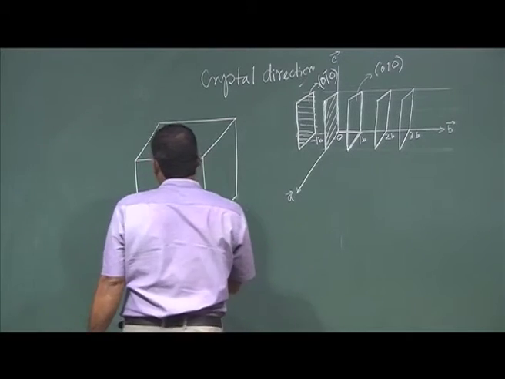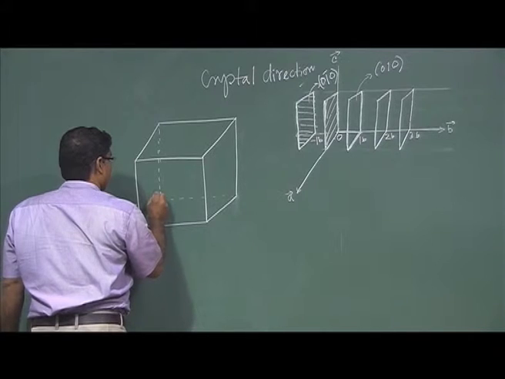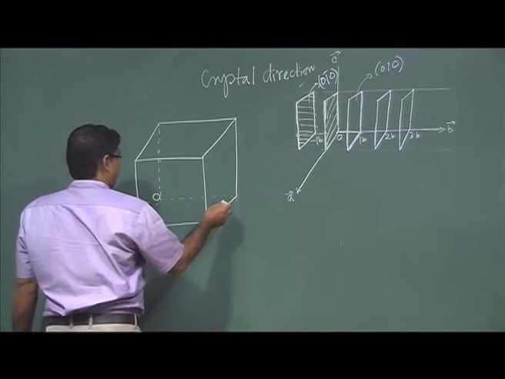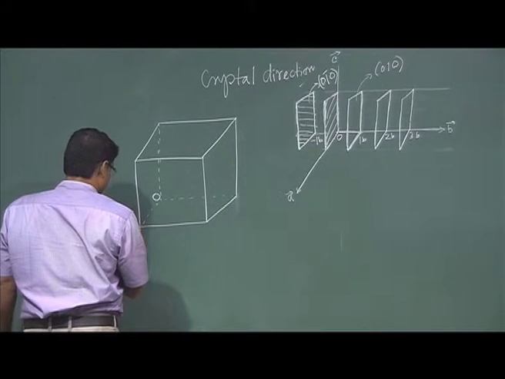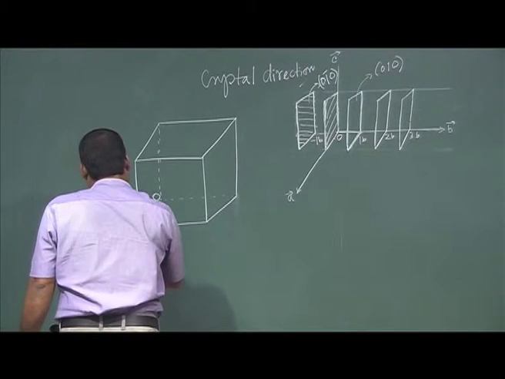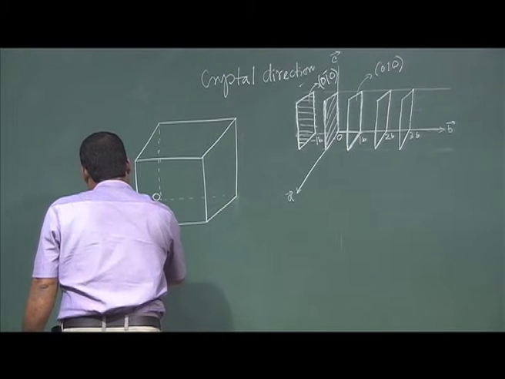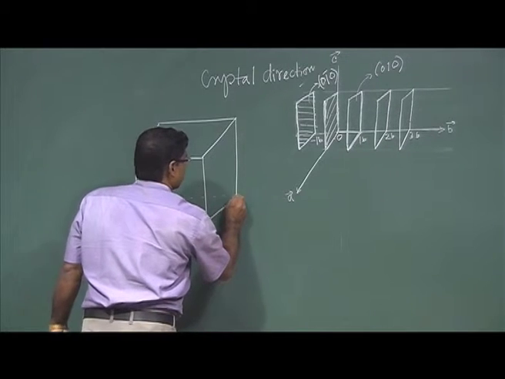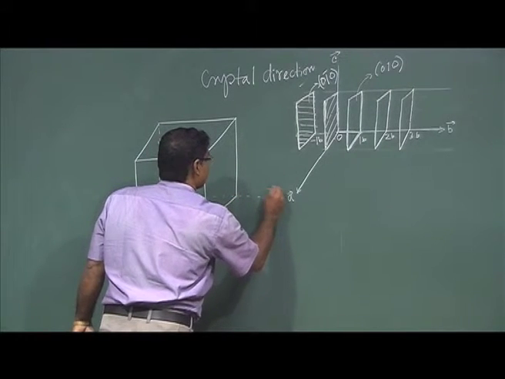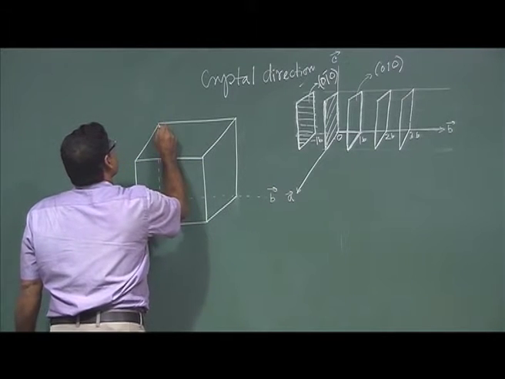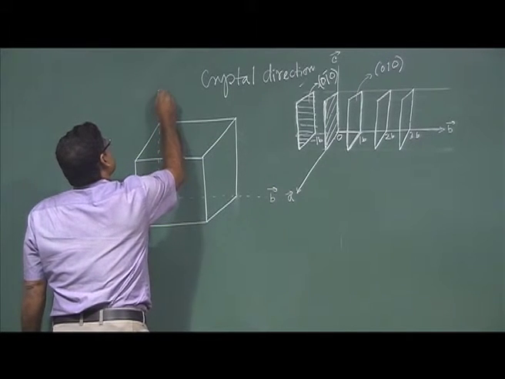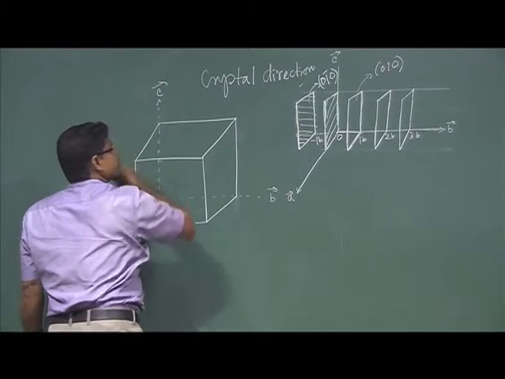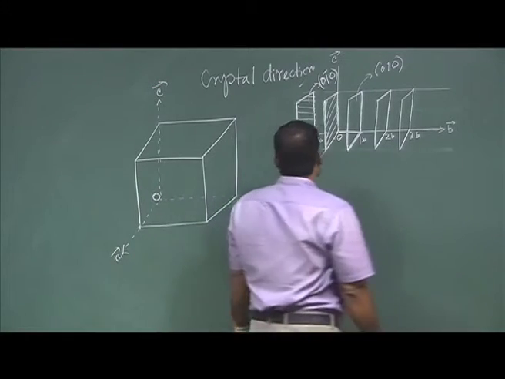So, if this is the origin, and this is the A, this is the B direction, B axis, and this is the C direction, C axis, okay.